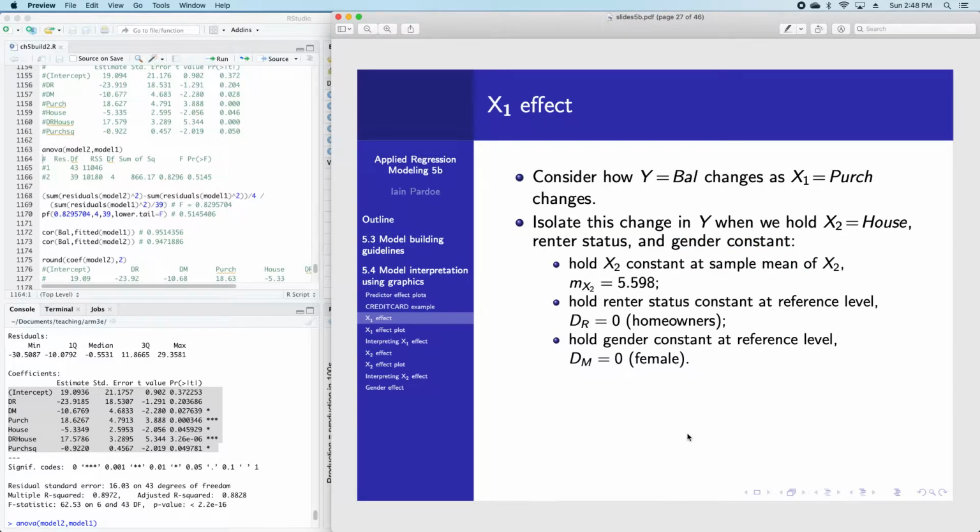So I'm going to hold x2 constant at the sample mean, dr constant at 0, and dm constant at 0. What I'm looking at is how y changes as x1 changes for a female homeowner who's got a value of x2 equal to the sample mean.